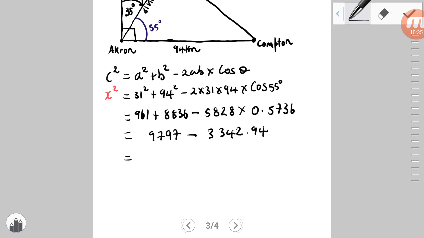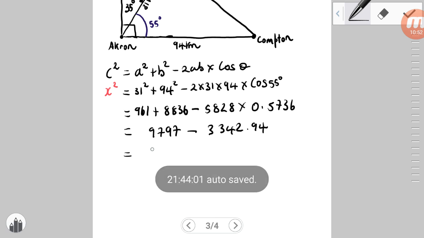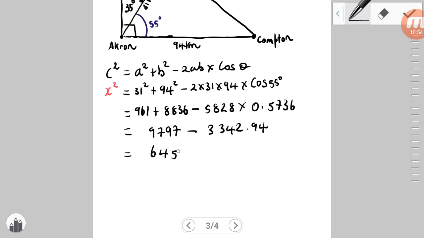Right, and then therefore that is equal to, okay, so that's 9,797 take away 3,342.94, and that's going to be equal to 6,454.06.